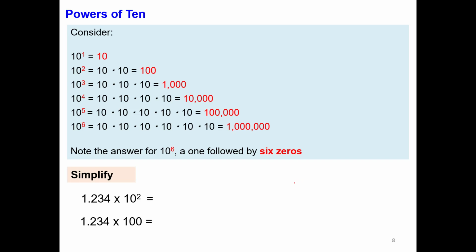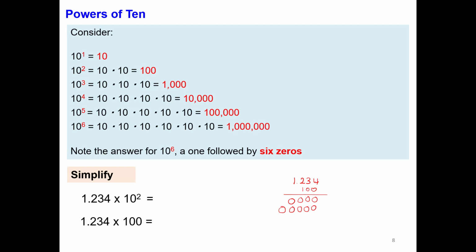Then let's go ahead and multiply. 1.234 times 100. 4 times 0 is 0, 0 times 3 is 0, 0 times 2 is 0, 0 times 1 is 0. For the next 0, we need to fill this one with 0. 4 times 0 is 0, 0 times 3 is 0, 0 times 2 is 0, 0 times 1 is 0.